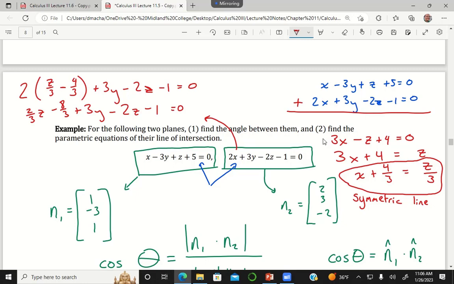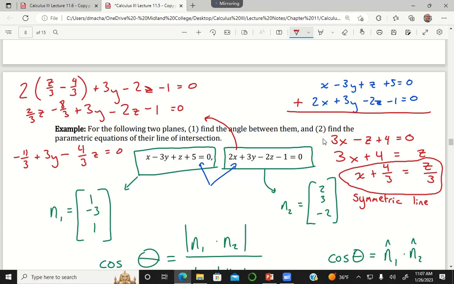So that would be like minus 11/3 for my constant, plus 3y minus 2z minus 2/3, which would be 4/3, I think. 4/3 z equals 0.